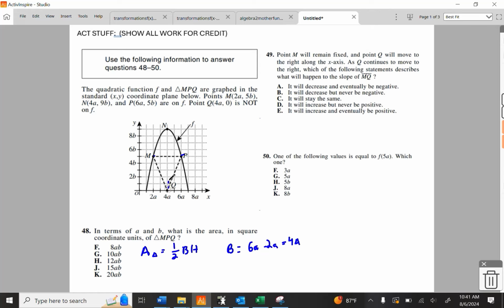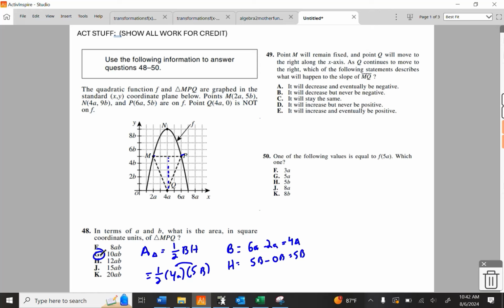The height goes from 0 to 5b, so it's 5b minus 0, which is 5b. Then we just plug into our formula: one half of 4a times 5b. 4 times 5 is 20, and half of that is 10, so 10ab. Not a hard problem.